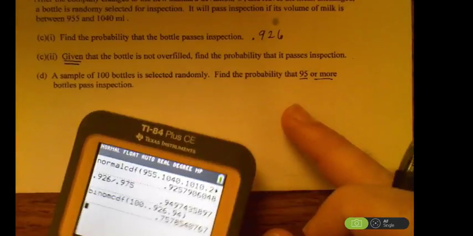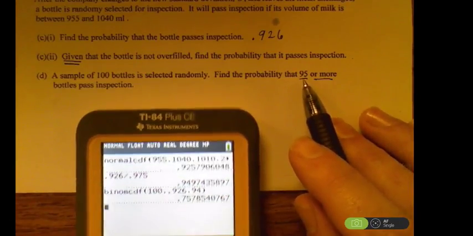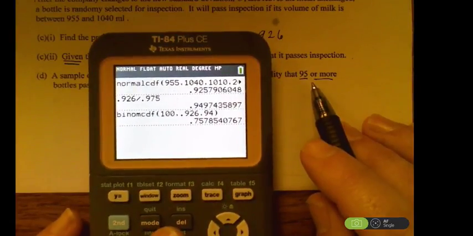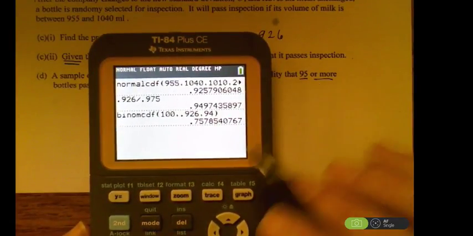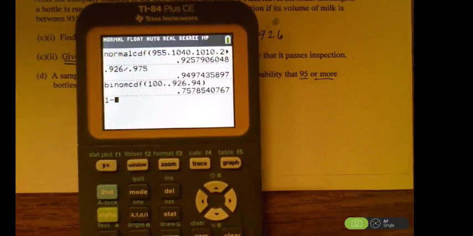So keep in mind to answer the question appropriately, what we just figured out was the complement to this. We just figured out that everything below this is this probability. So I have to do 1 minus that in order to get what the question is asking me for, which is the right side of the information. And so that's where we should get 24.2% on that one.